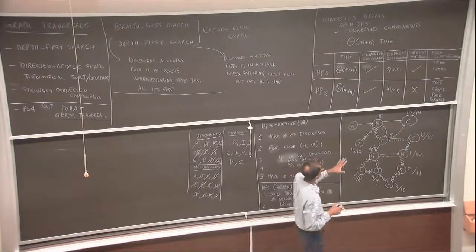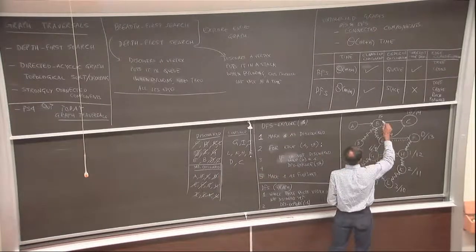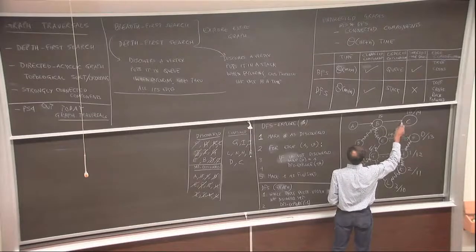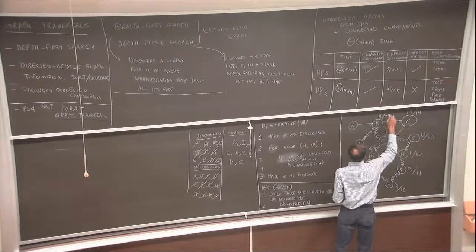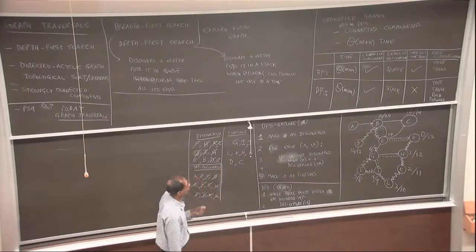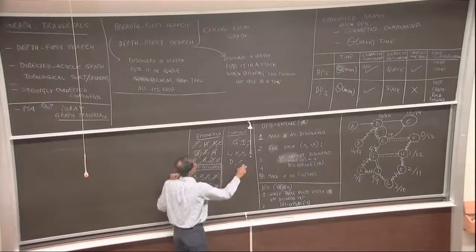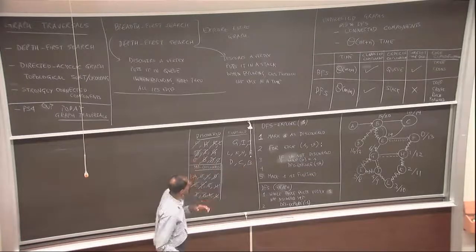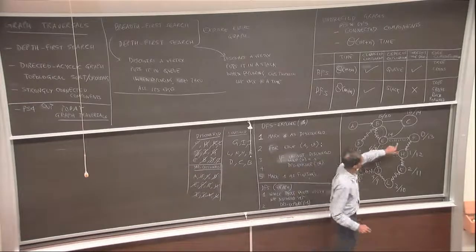So from B we are done, right? B went to C and we are back. Now we are back to E. E has one more edge to do, and we go through that edge, and that's an edge to a vertex that has already been not only discovered but finished. So it's a little bit like this edge.